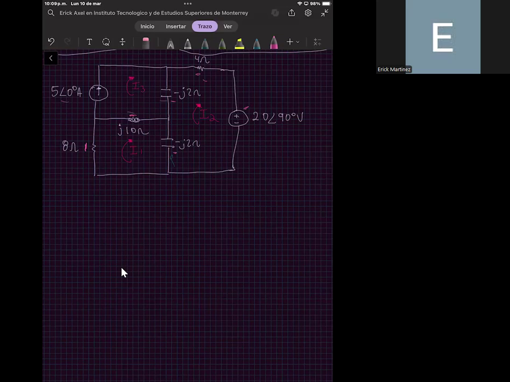Okay, so for mesh number 1, we can apply the Kirchhoff voltage law to this loop. We need to add the voltages that are applied to each of the components in this loop.